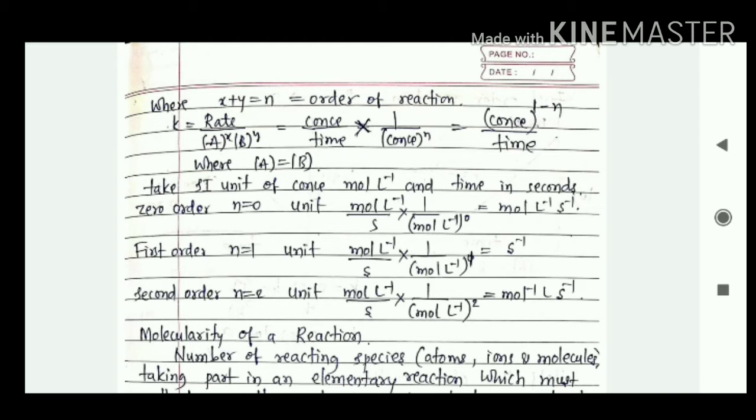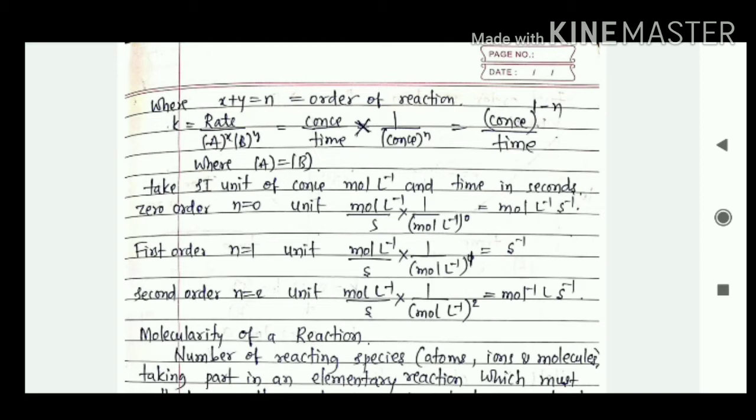The SI unit of concentration is mole per liter and time is in seconds. For a zero order reaction, where n is equal to 0, the units are mole per liter divided by second into mole per liter raised to 0. So the units are mole per liter per second.